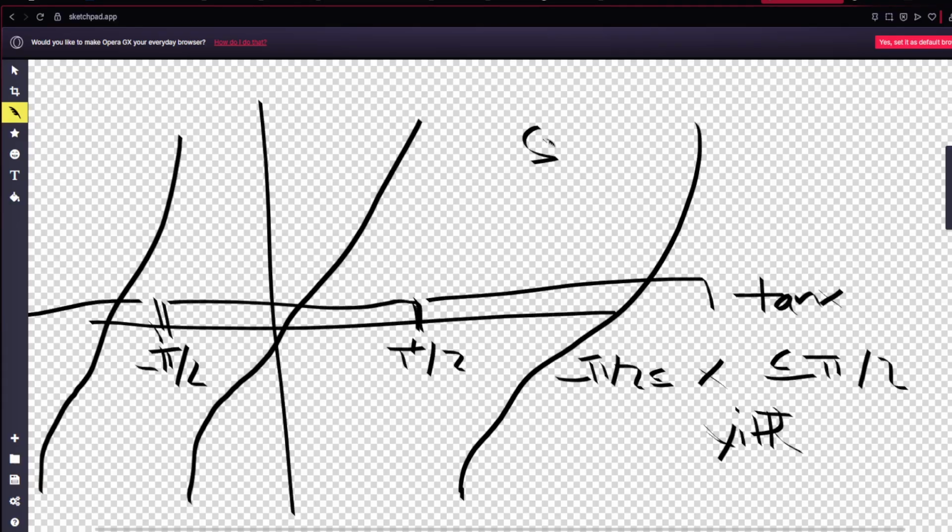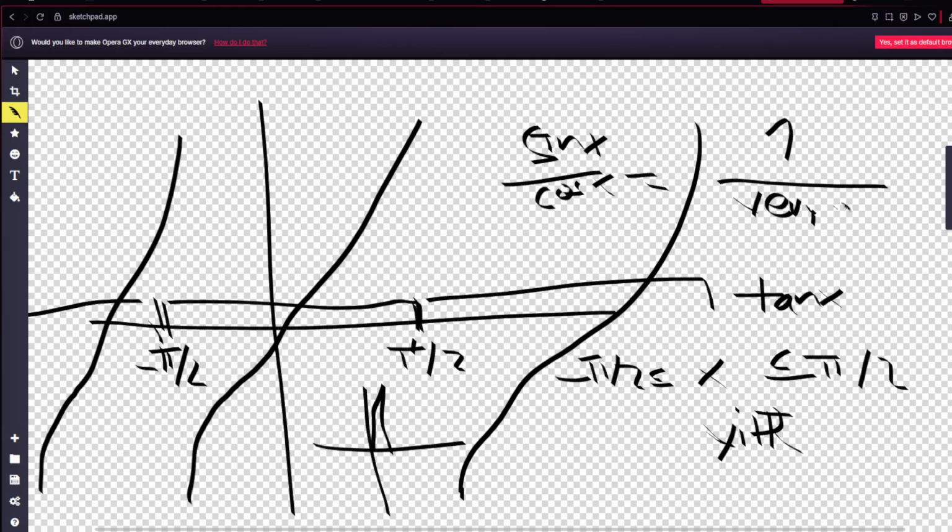And the reason is that sine x divided by cosine x, if x gets arbitrarily close to pi over 2, the height is essentially so many times larger than the x, such that this is a 1 divided by a very small number, and it shoots to infinity. So yeah, that's why the range is unbounded for tan functions.